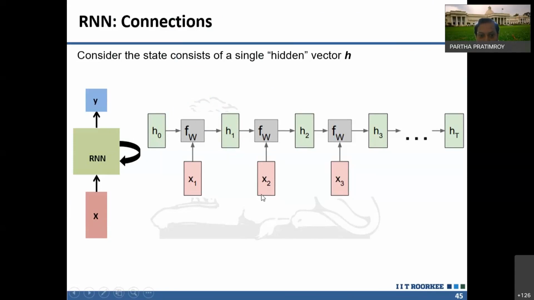Then h1 and x2 we combine with the function and get h2. H2 and x3 we combine with the function and receive h3. Like this we go on, unrolling one by one, and finally we get the final hidden vector.